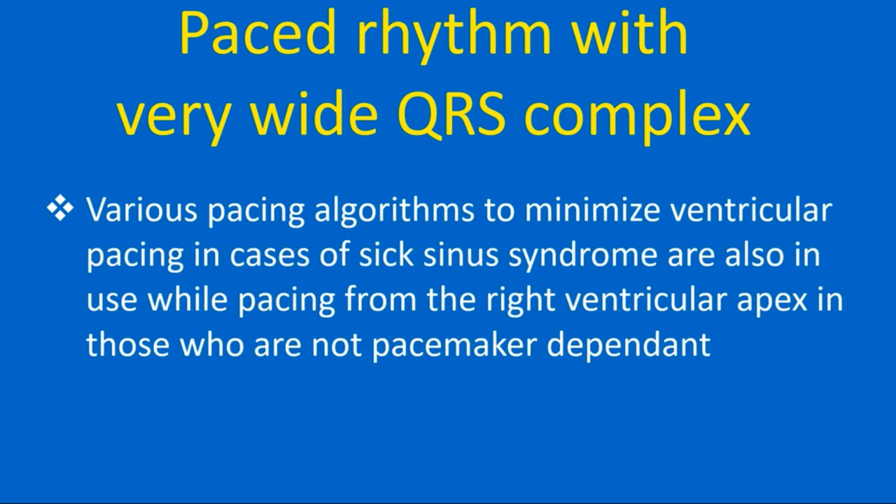Various pacing algorithms to minimize ventricular pacing in cases of sick sinus syndrome are also in use while pacing from the right ventricular apex in those who are not pacemaker dependent.